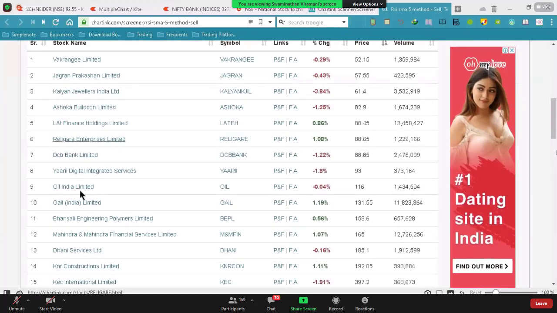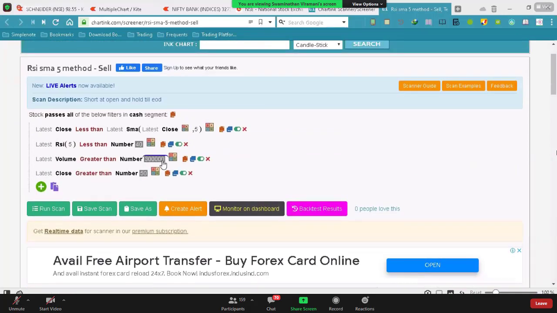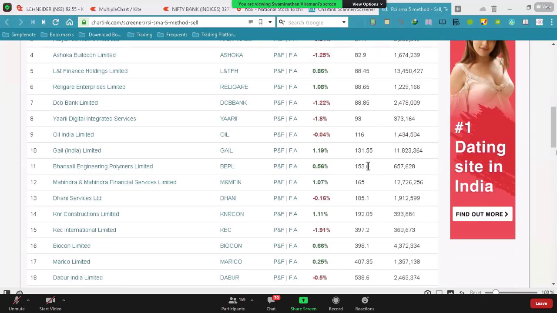The moment I find a stock which gets 8 times or 10 times margin from Zerodha, then I put it in my watch list. I also like to look at volumes because I've kept a volume filter of 3 lakhs. I don't want trash to enter my scanner.